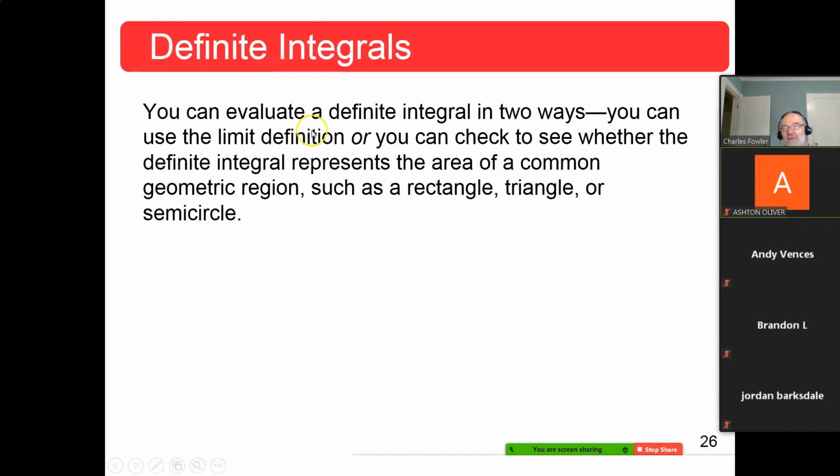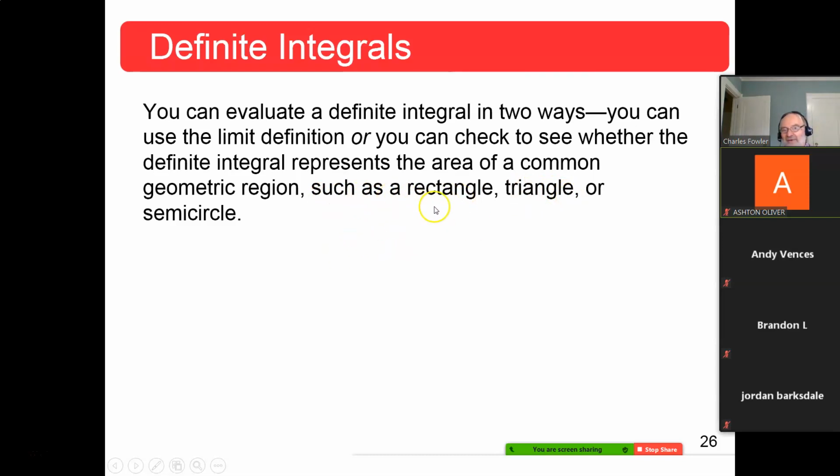We can evaluate a definite integral in two ways. You can use that limit definition, which I'm sure all of you want to keep doing, or you can check to see whether the definite integral represents an area of a common geometric region, such as a rectangle, a triangle, or a semicircle.